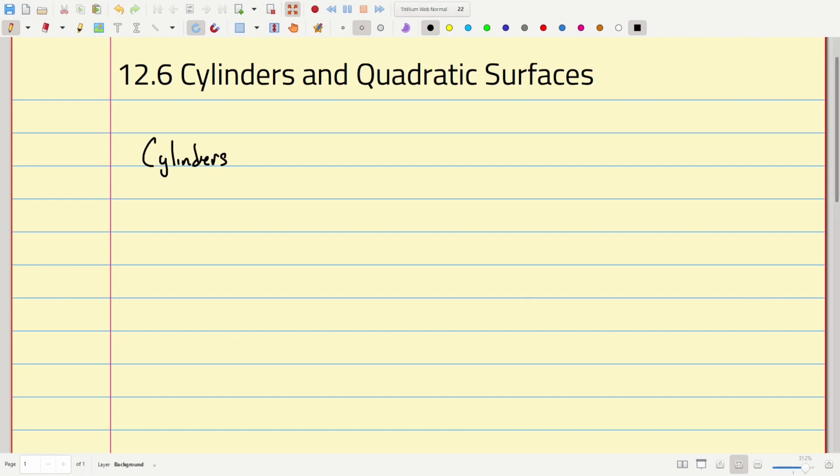Start off with cylinders. Okay. Cylinders include what you think cylinders are, but there are also mathematical cylinders that maybe seem a little strange. So the example that everyone's familiar with would be what's called a circular cylinder.